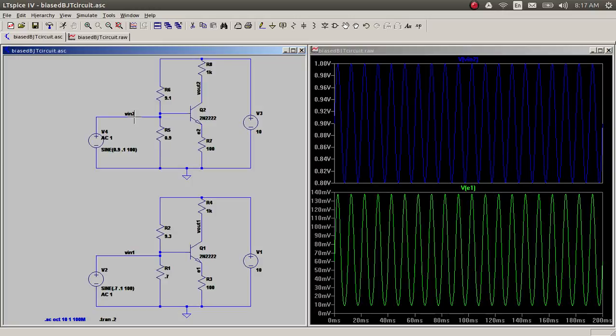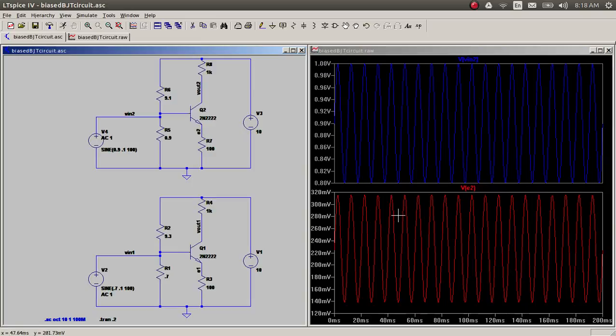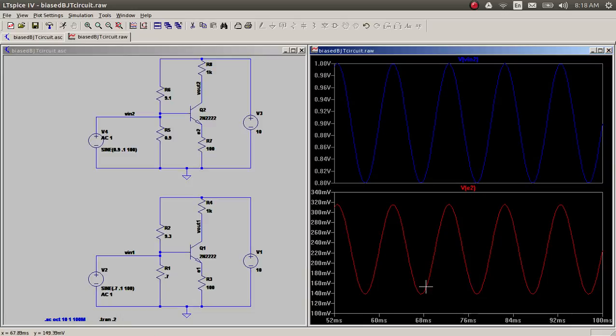So if I look at the input voltage, the bias is different, but I can see that it's from 0.8 volts to 1 volt, so the same 200 millivolt input. This is not surprising. And if I look at the second pane, so you click on it to energize it, here it's from 140 to almost 320. It's almost the full thing back, and we can see that the waveform here is not distorted.